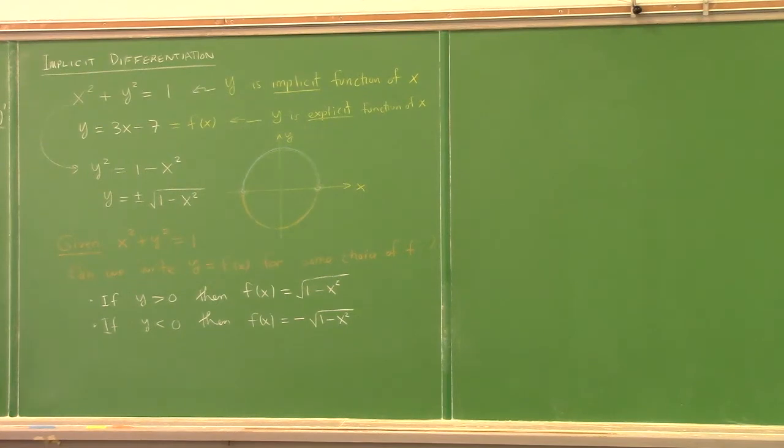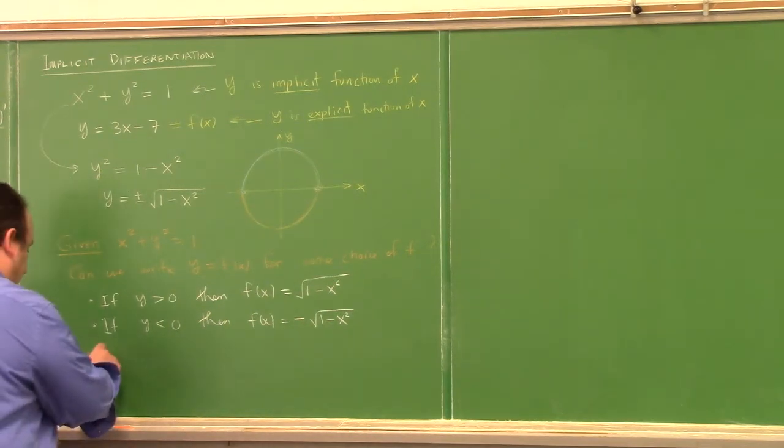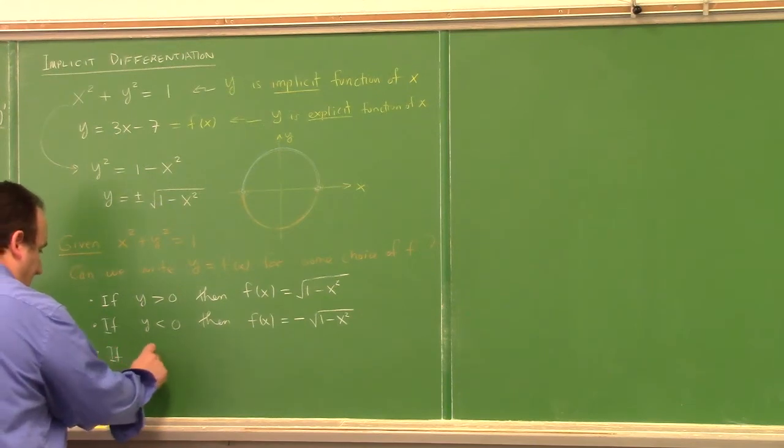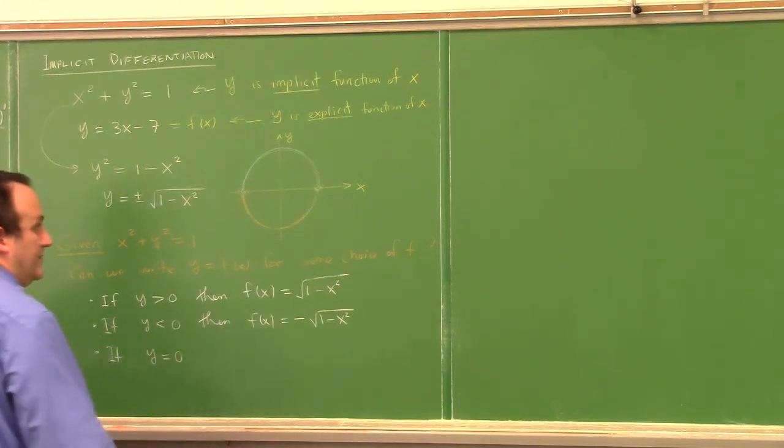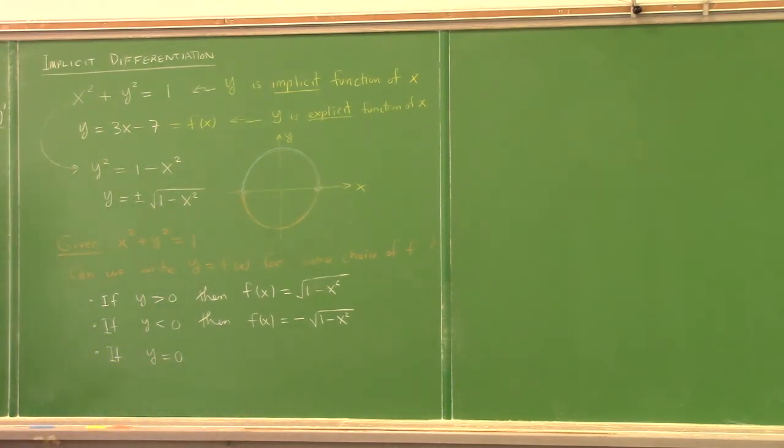What about if y equals 0? Can we solve for y as a function of x near y equals 0? See, if y equals 0, if you were to try to write the points on the circle as a function of x for points near 0 for y, you'd be out of luck, right?